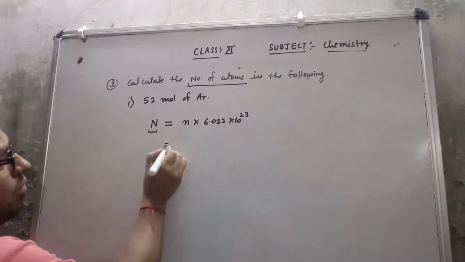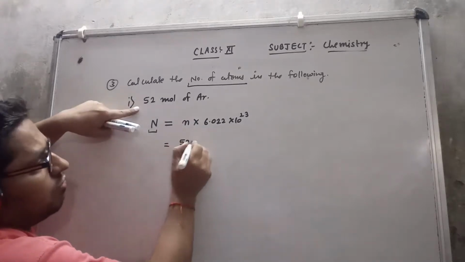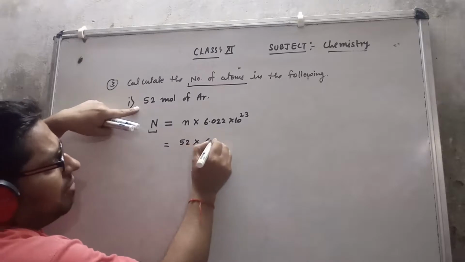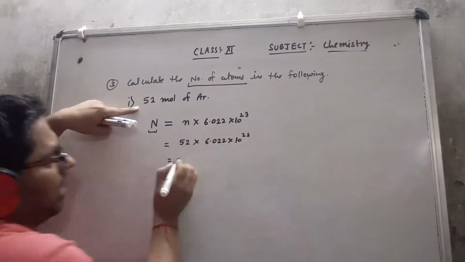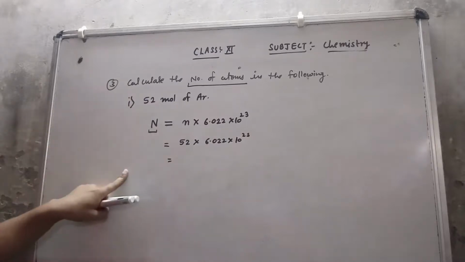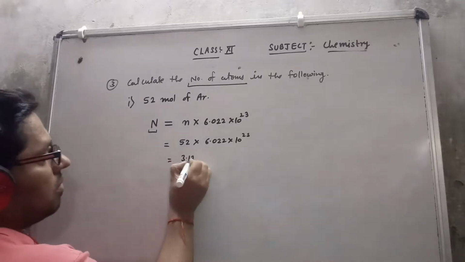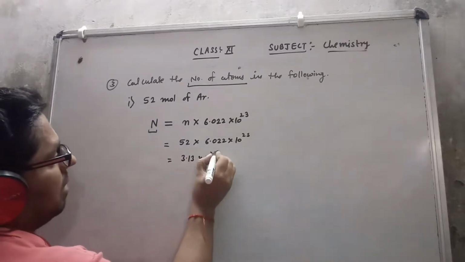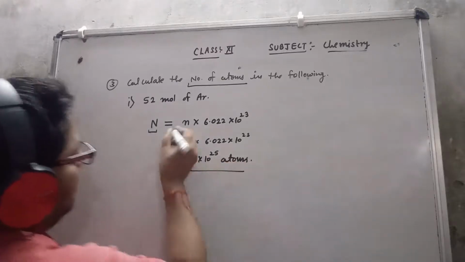Here they are giving us 52 mole multiplied by Avogadro number. If I multiply it, I am getting 3.13 into 10 raised to the power 25 atoms. So that is a very simple way.